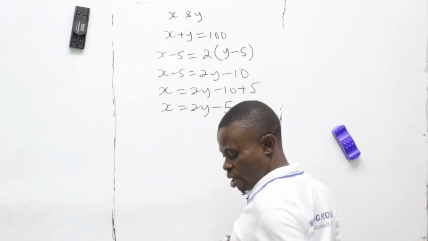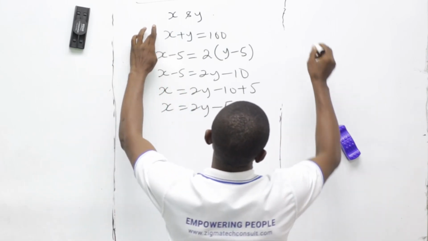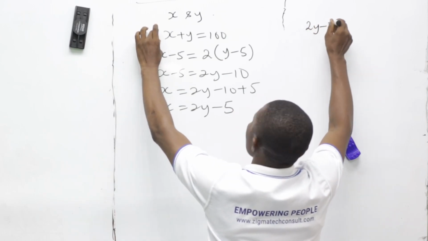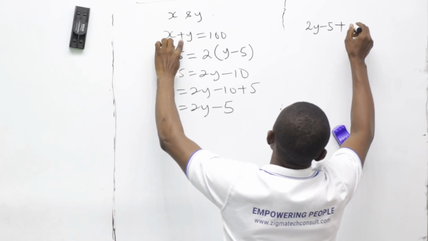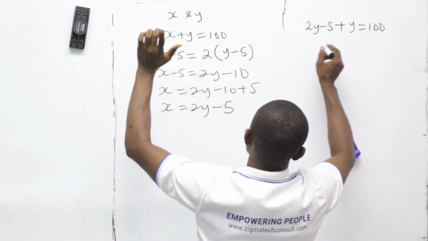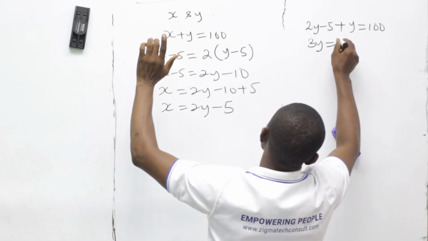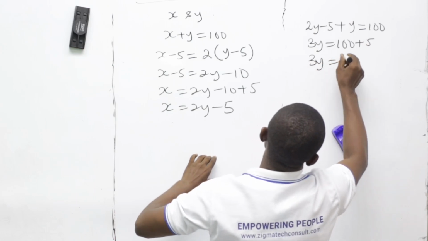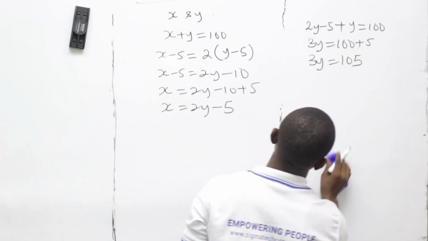Coming back to equation 1, you are going to see that if x is 2y minus 5, then adding this y, it will give us 100. So 3y equals 100 plus 5. 3y equals 105.